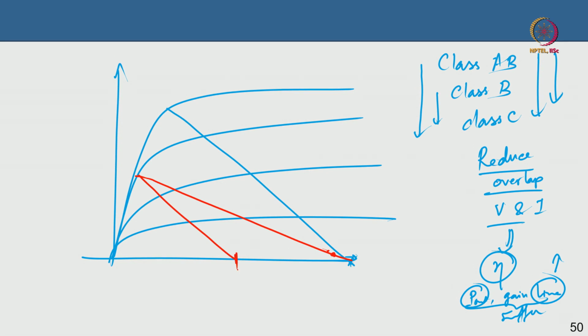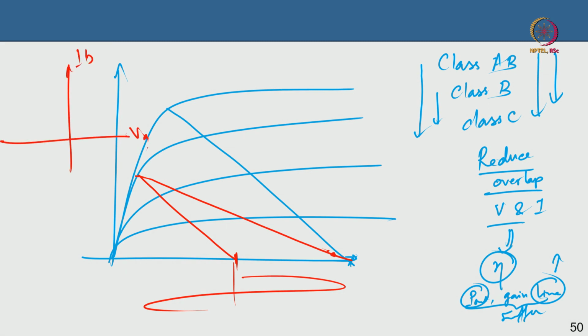You will have the allowed voltage swing, but your current will be clipped, which means if I am looking at ID versus VG, suppose I have this, I am going to bias it close to pinch off. This is pinch off, so this part is clipped, there is no current there.